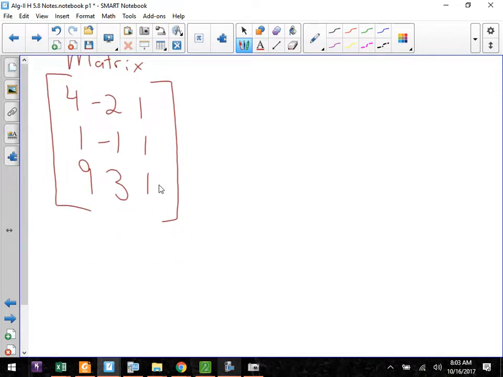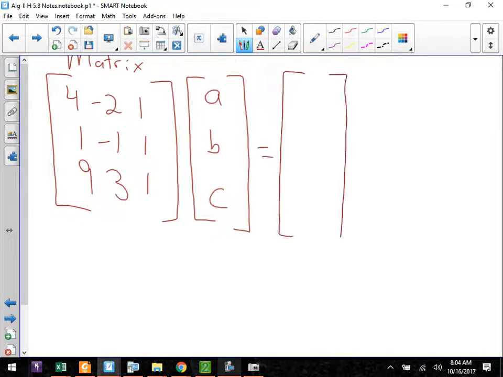Basically, what we need to solve for are our A, B, and C. So we're going to create A, B, C. Now, what's there is a coefficient matrix times your variable matrix to equal the solution matrix.